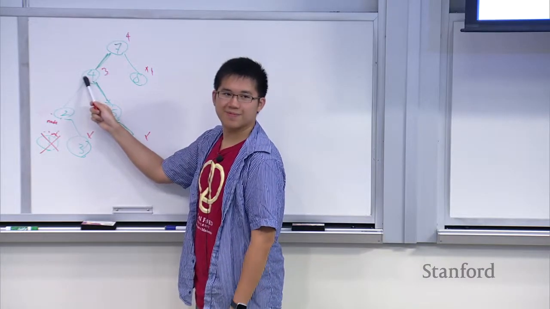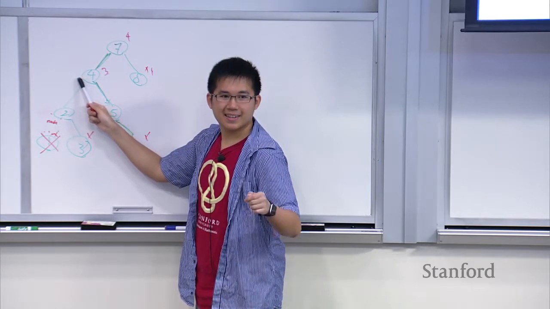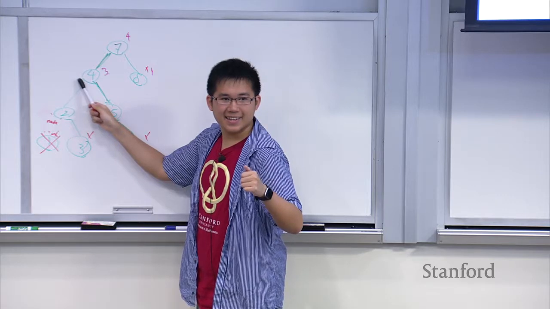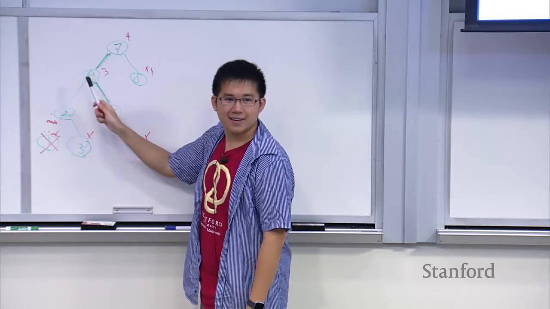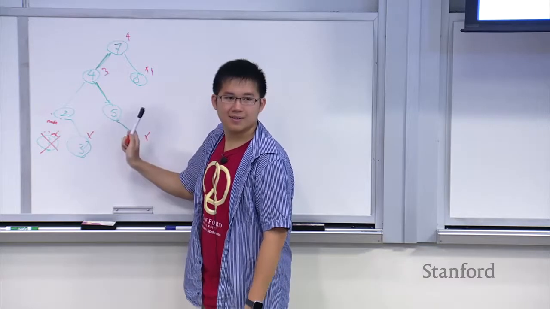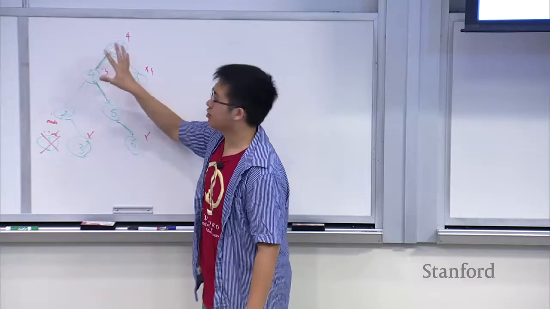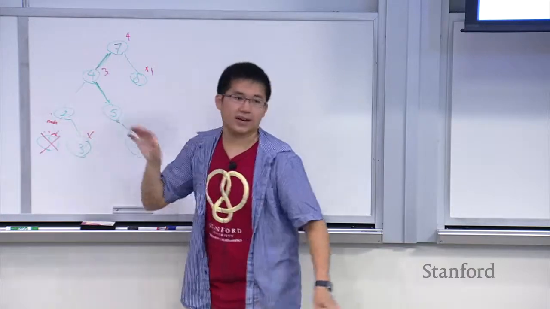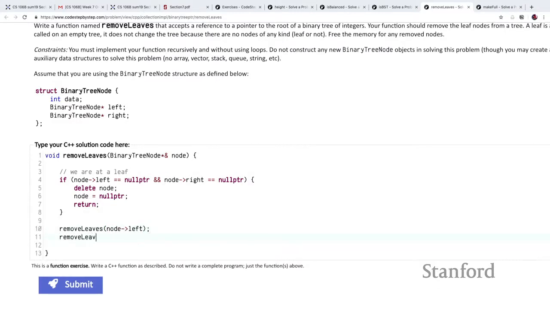You call remove leaves for the left node, and you call it for the right node. Yeah, exactly. If we're not at a leaf, you don't have to do anything with the node. Just remove the leaves from the right and the left, so just make the recursive call: remove leaves from node left, and remove leaves from node right.